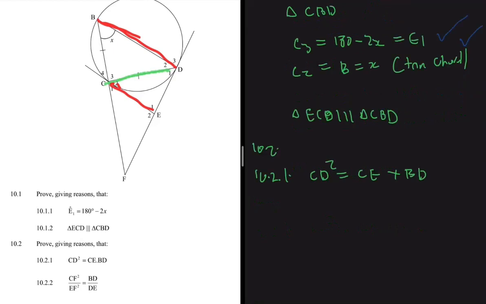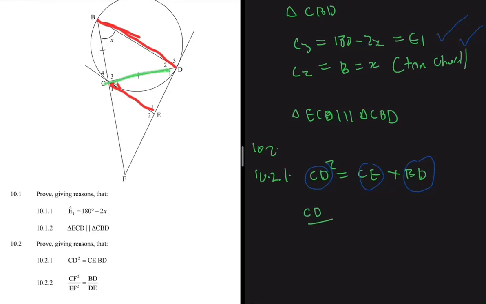From what we are required to prove, you can see that somehow we need CD, right? And then apart from CD, we need CE and BD. So our proportionality should involve those sides. So let's start with CD. We can say that CD divided by something.